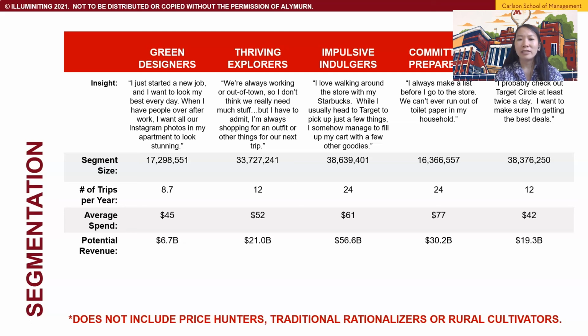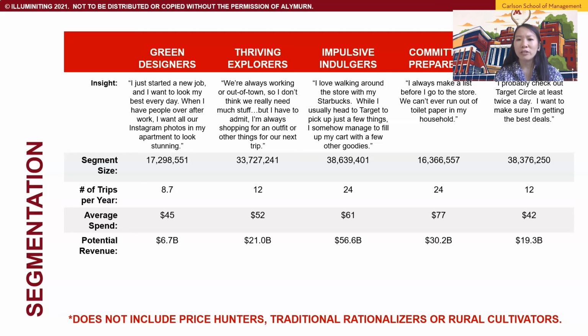Beneath that, you'll see the average spend, how much each segment is spending on average every time they make a trip. The green designers and the avid circlers are the smallest, while the impulsive indulgers and the committed preparers are the largest at $61 and $77. And finally, we'll look at the potential revenue.